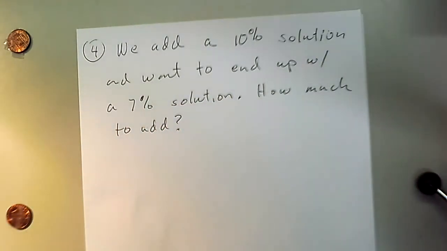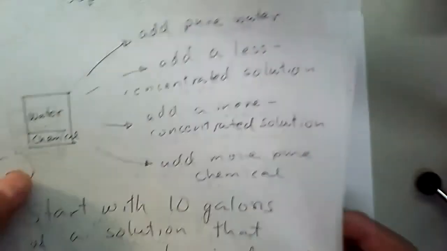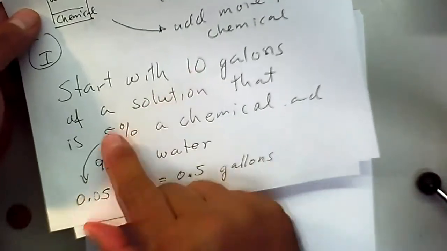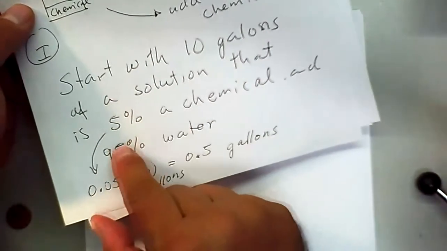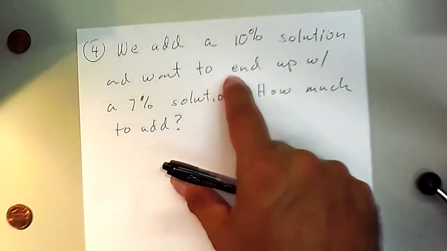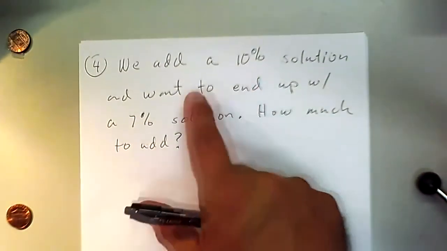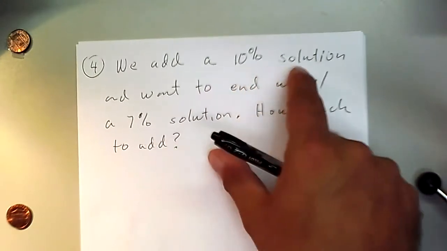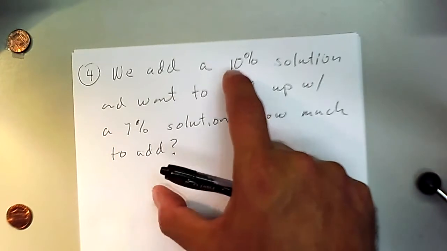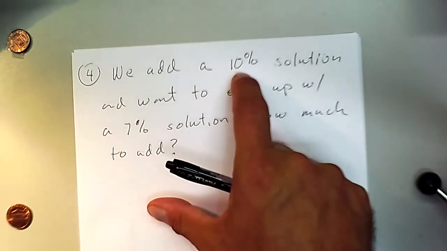See, again, we're starting out with 10 gallons, so this is under the same umbrella, of a 5% chemical solution. So if we have a 10% chemical solution, this is much more concentrated. This is a stronger solution.